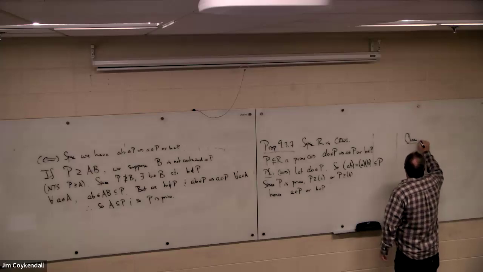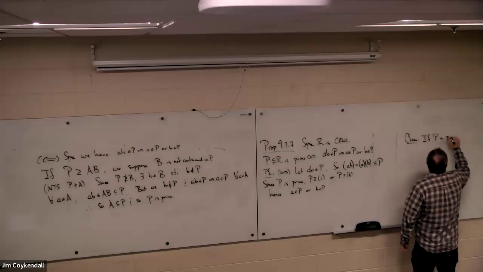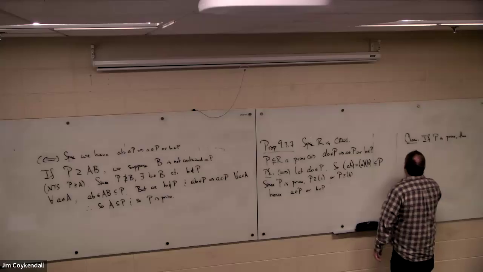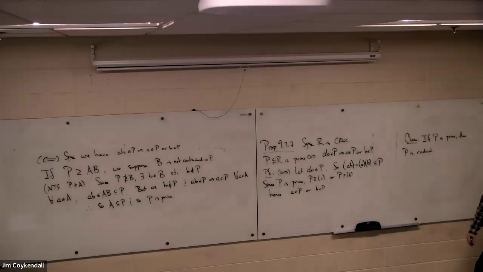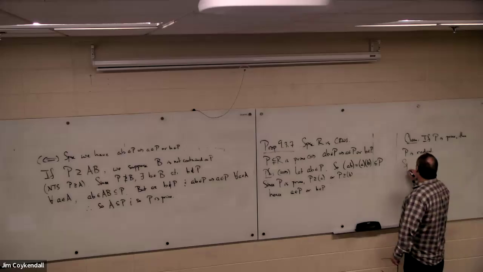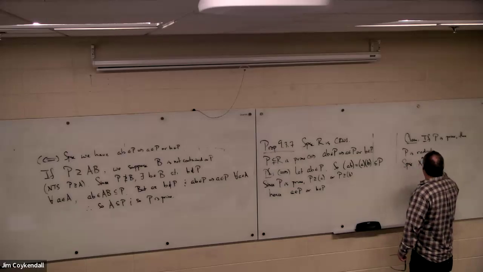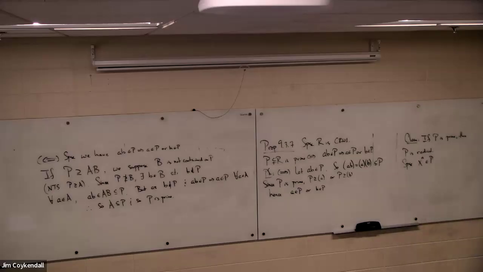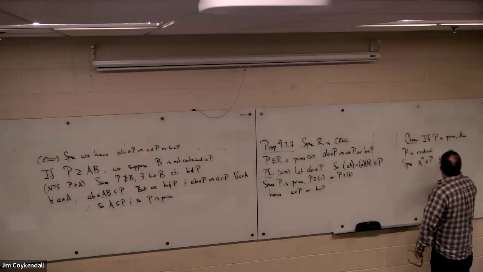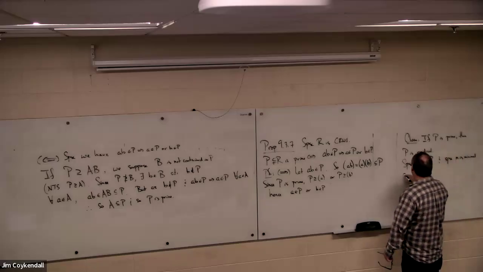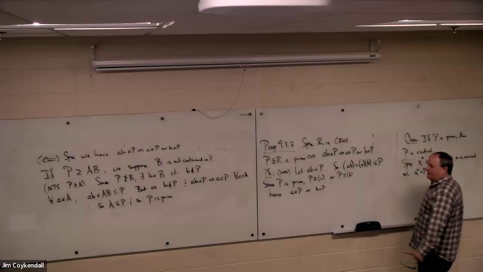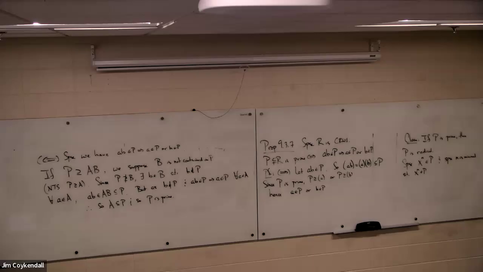Claim: if P is prime, then radical P is P. So let's suppose x to the n is in P, and suppose n is minimal such that x to the n is in P. Everybody okay with it? So x to the n is in P, and we'll assume that that's the smallest power.